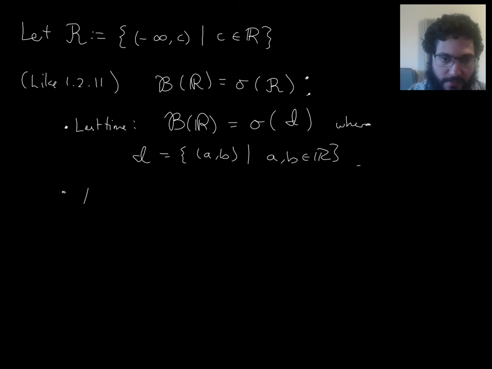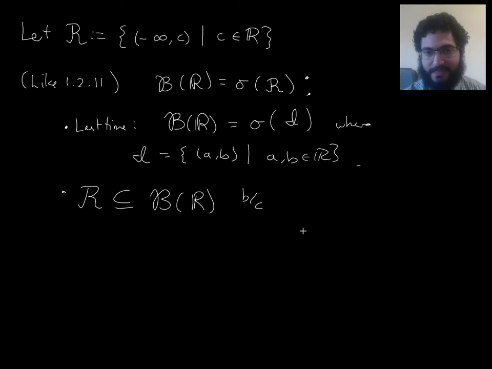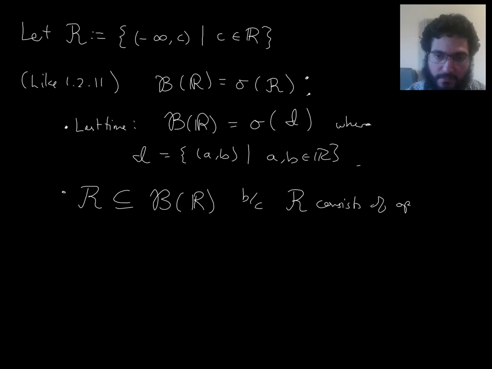So first I'm going to claim that if you take these things, then they are definitely in the Borel sigma algebra on R, and that's because the elements of this are all open sets. And the Borel sigma algebra on R is the one generated by open sets. So they're actually in that generating set, the original one that we used to define this.